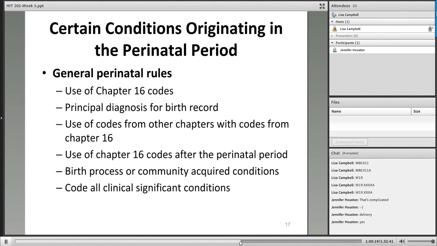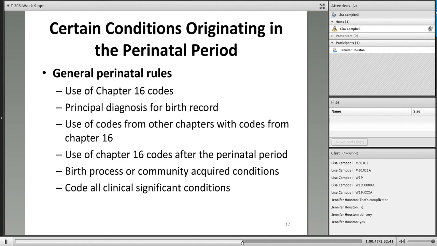And what do I mean by that? Well, sometimes babies are born at one hospital, and because of a condition or conditions have to be transferred to another hospital. And so that receiving hospital, they can't get a code that says, hi, I'm here. That's only for the hospital where the baby was born at.